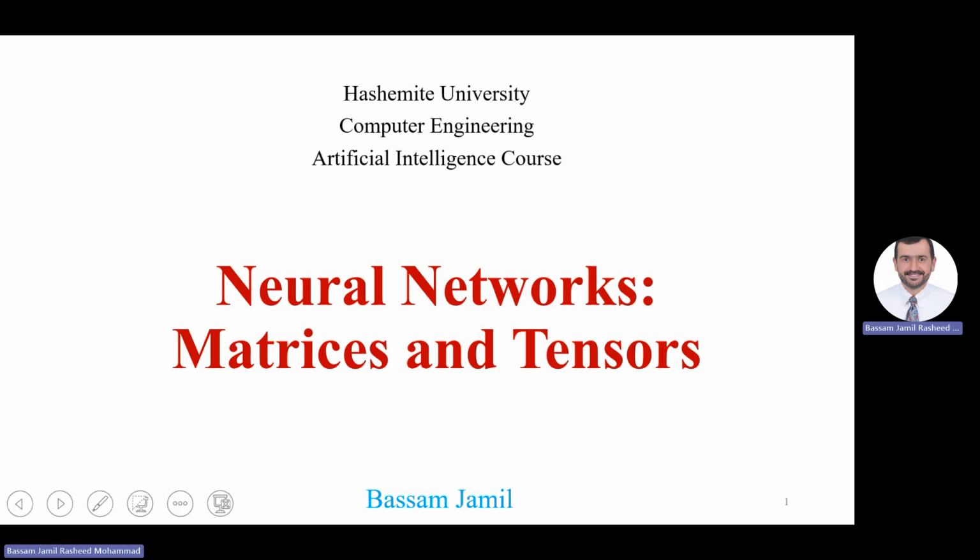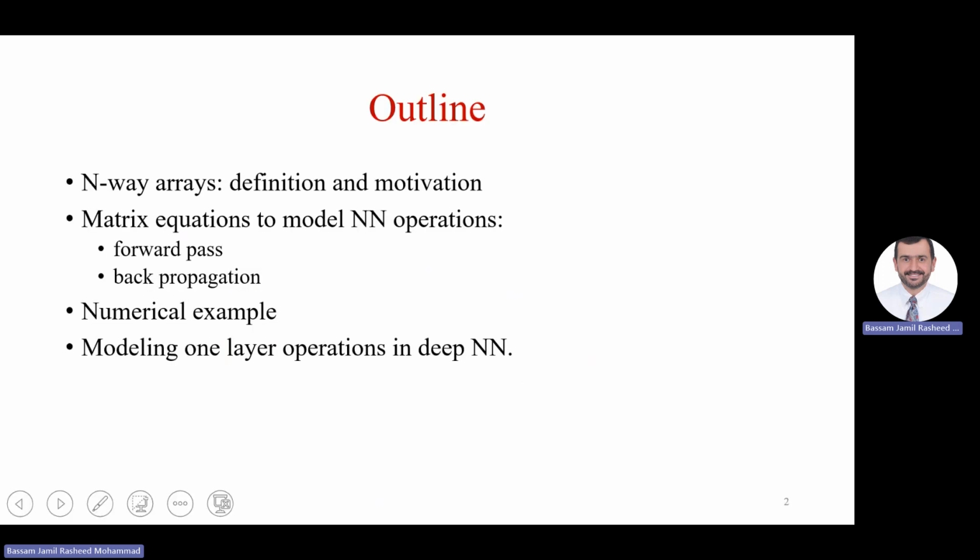Okay. So today's lecture is about the usage of matrices and tensors in neural networks. We will see the motivation for that. This is the outline of this lecture. We will explain what tensors are.